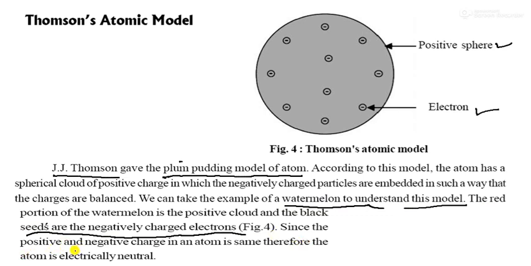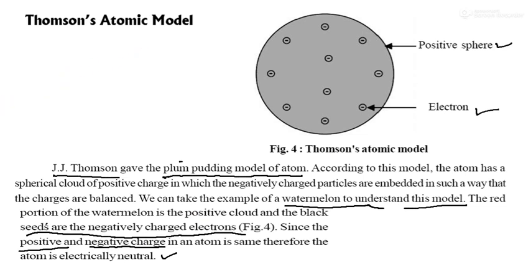Since the positive and negative charge in the atom is the same, therefore the atom is electrically neutral, because the negative charge and positive charge are the same. So you can say they are neutral. Positive and negative charge are the same, so that's why the atom is neutral. It is said by J.J. Thomson.